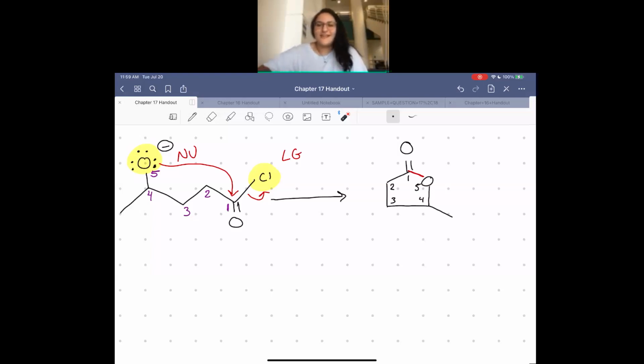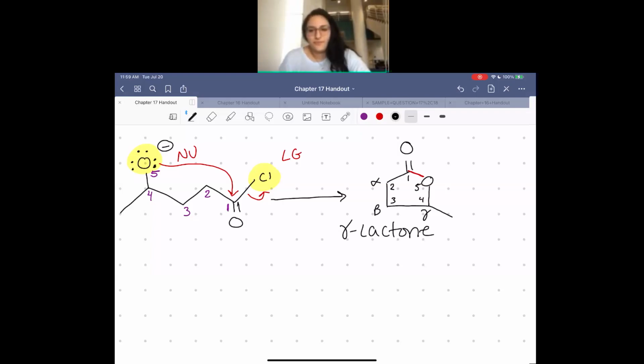That's hilarious. So technically, yes, this is a 4-methyl gamma lactone, but for the purposes of this class, as long as you know that it is an alpha, beta, gamma lactone, you are good to go. Ta-da!